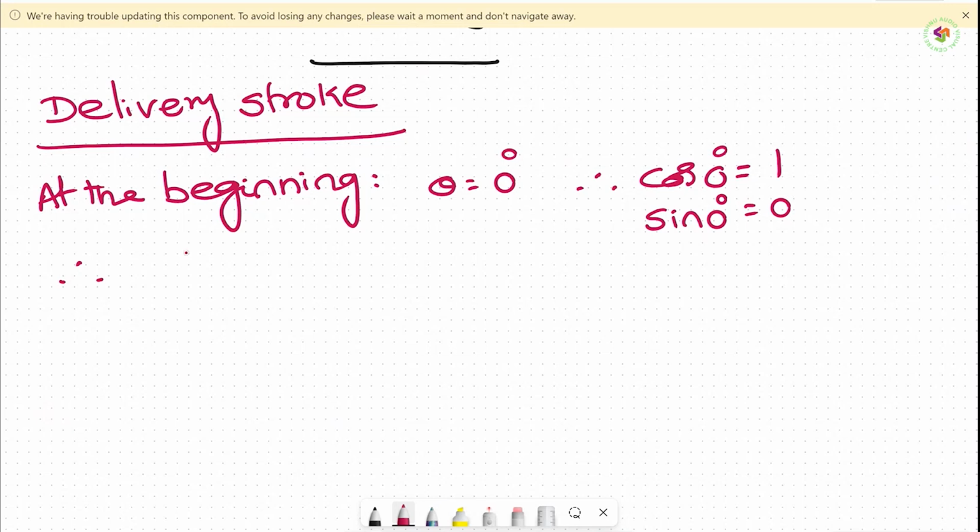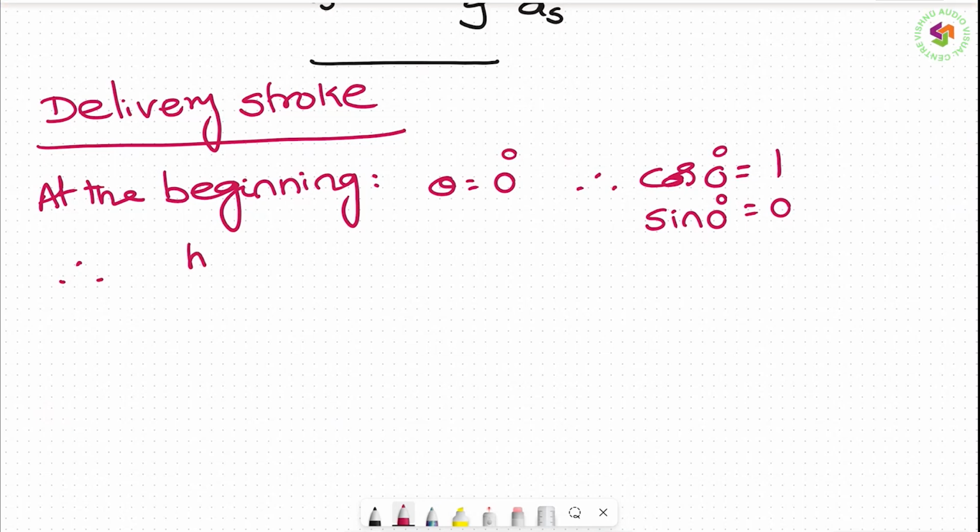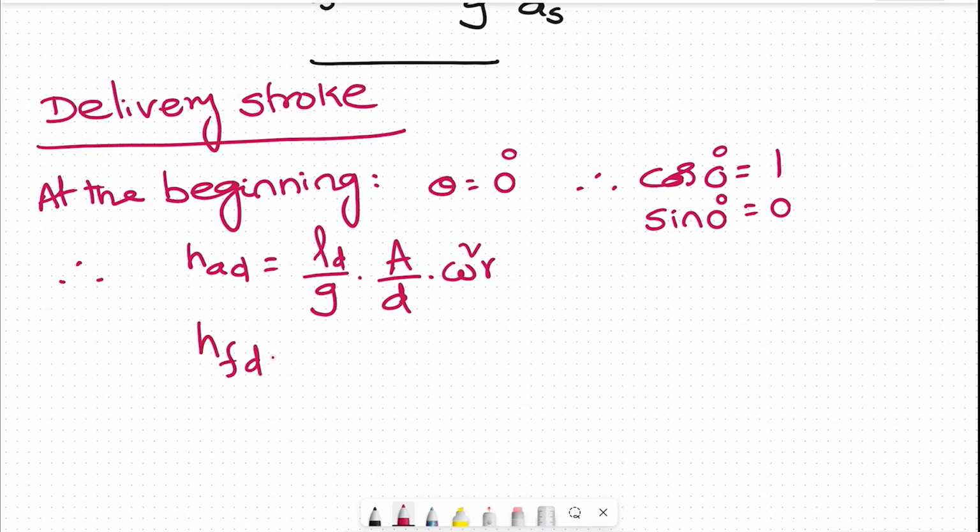Therefore, HAD is equal to LD by G, A by AD, omega square R. HFD is equal to 0.